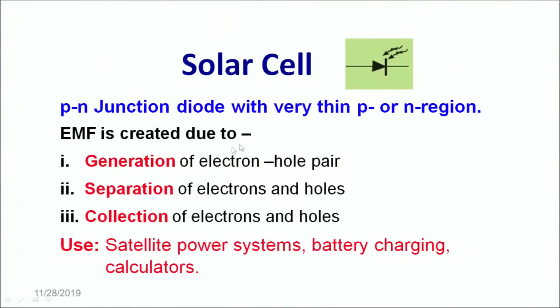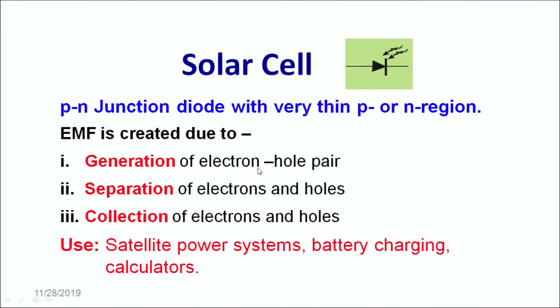In this case, the EMF is created due to three distinct processes. In case of a solar cell, the EMF is created due to the generation of electron-hole pairs. These electron-hole pairs are generated due to the incident light onto the solar cell.